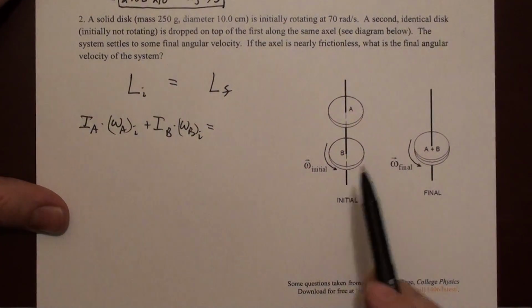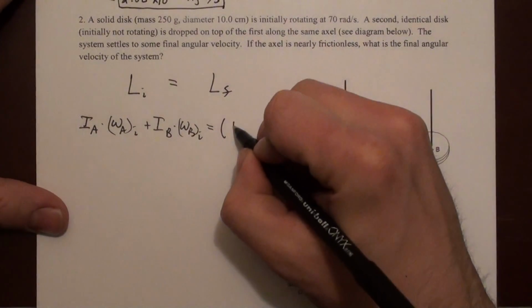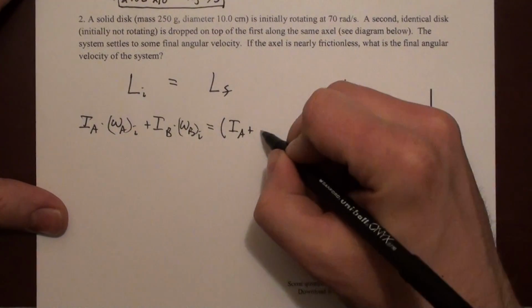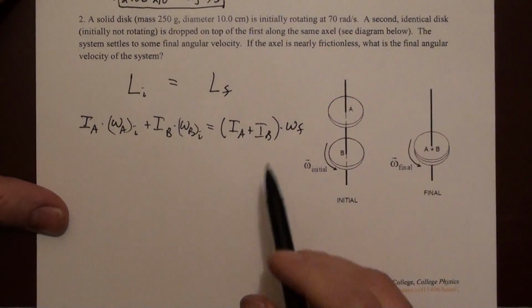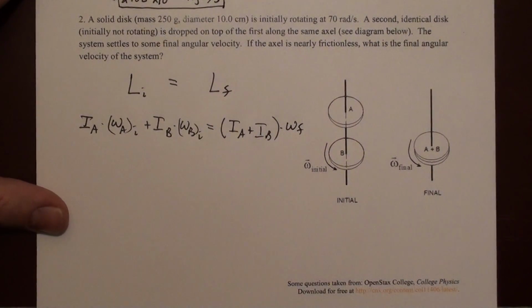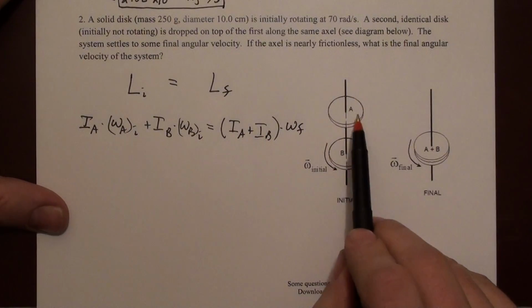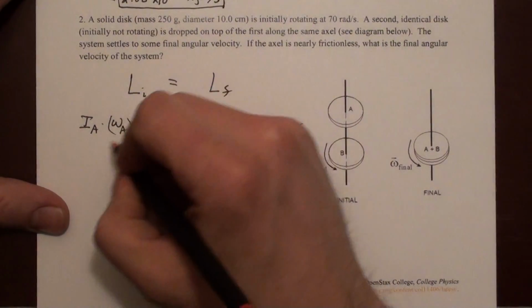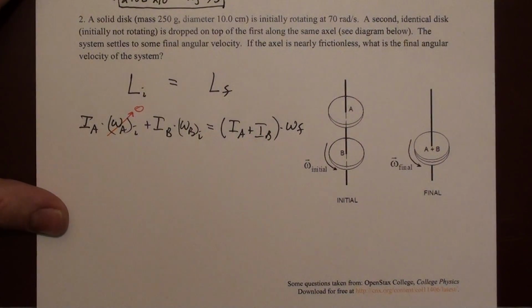And I'm going to recognize right off the bat that these things rotate together in the end, so I'm going to write this as I_A plus I_B times omega final for the right-hand side of this equation. So I can take one step that simplifies this. The disk A is not rotating, so omega_A is 0, so that term cancels out, which is super convenient.